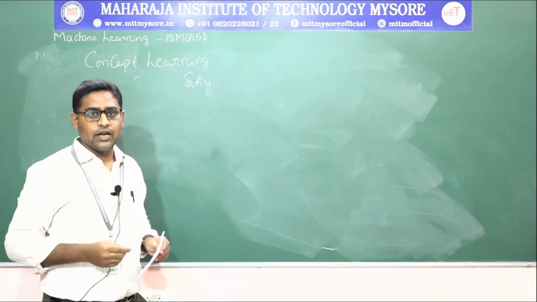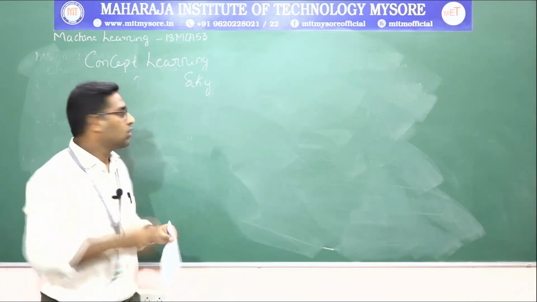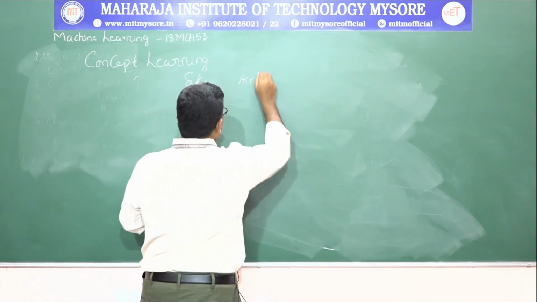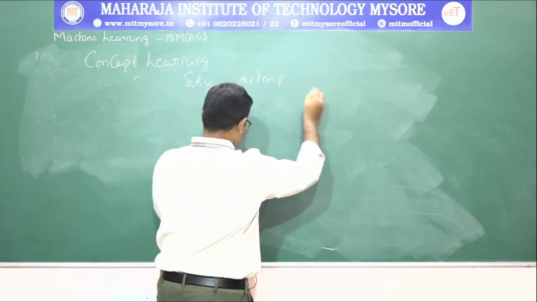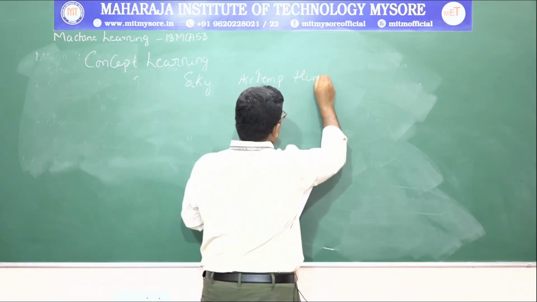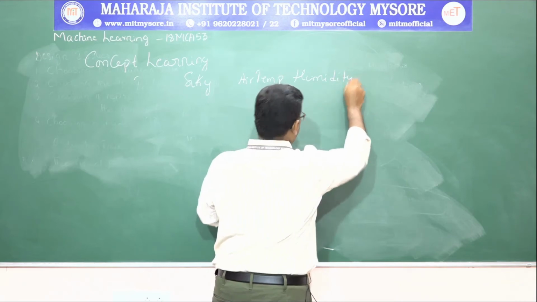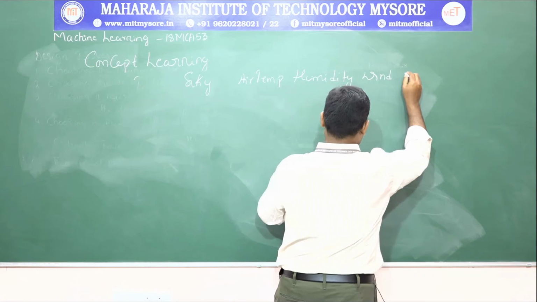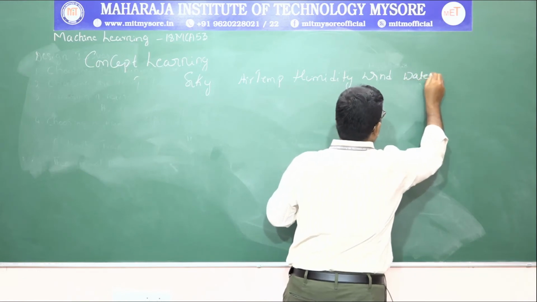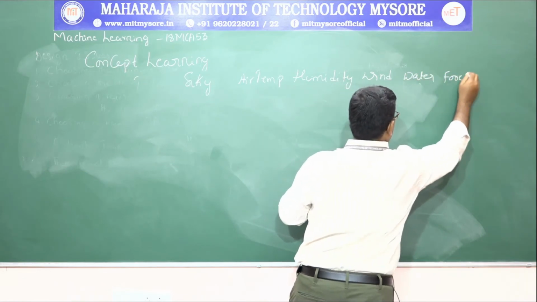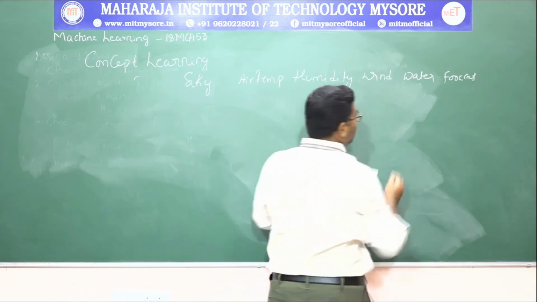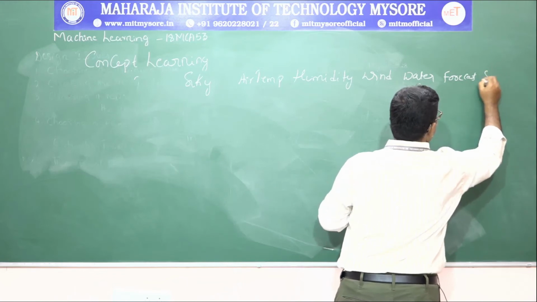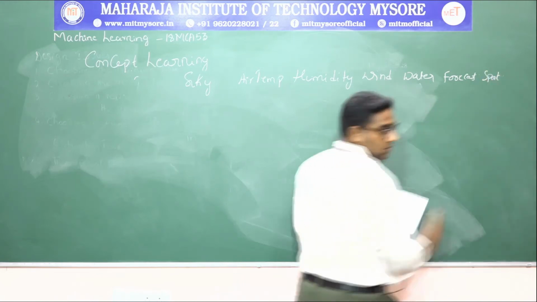For checking the weather condition, we should represent it with respect to the sky, air temperature, humidity, wind, water, and forecast, and you will say whether you need to go for the sport or not.